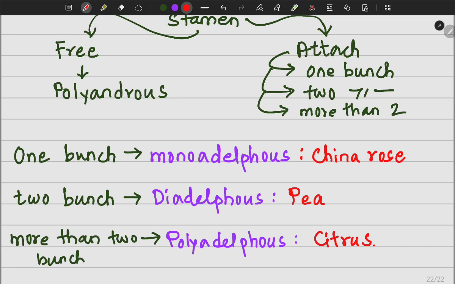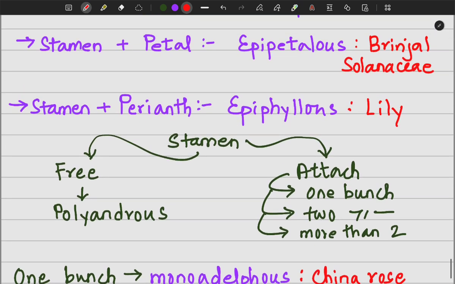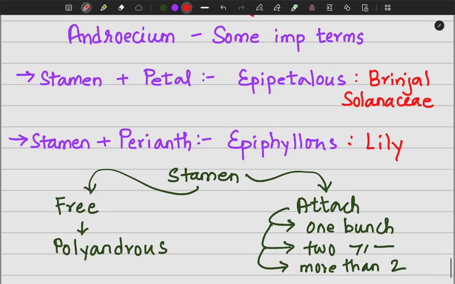Alright, so these were some important terms related to Androecium. The Androecium has the single unit called stamen. The stamen can be found attached to petal or perianth, or they may be attached together. When they are attached to a petal, it is called epipetalous. When they are attached to perianth, it is called epiphyllous.